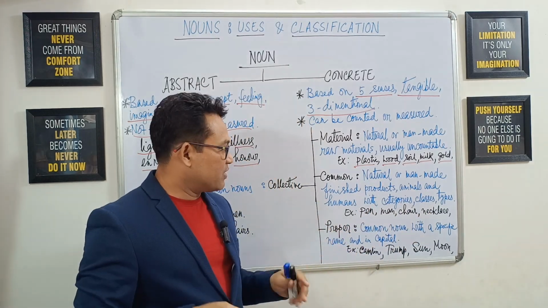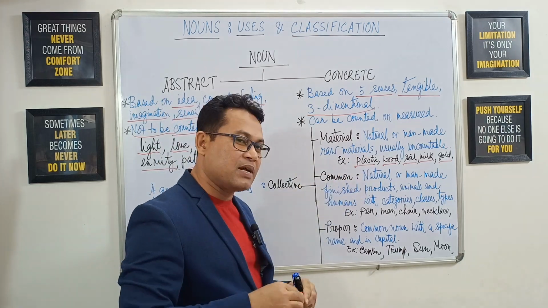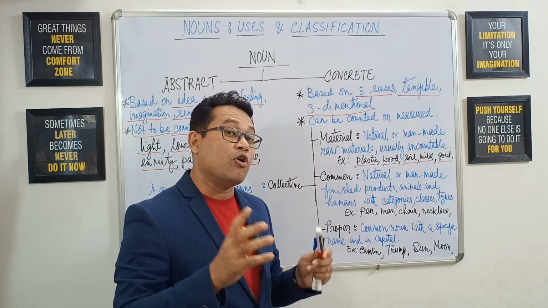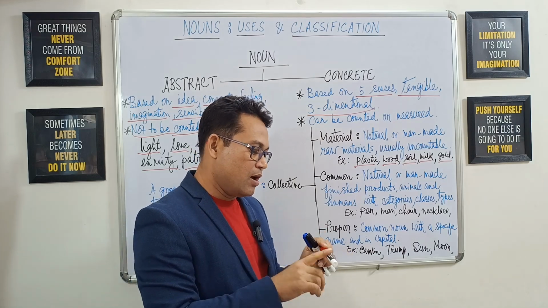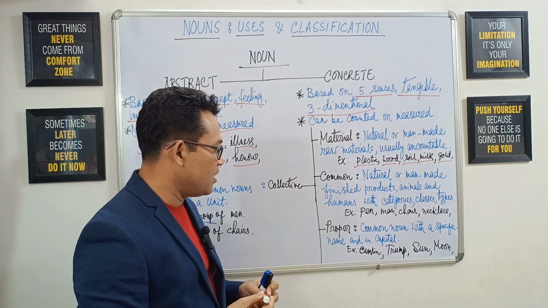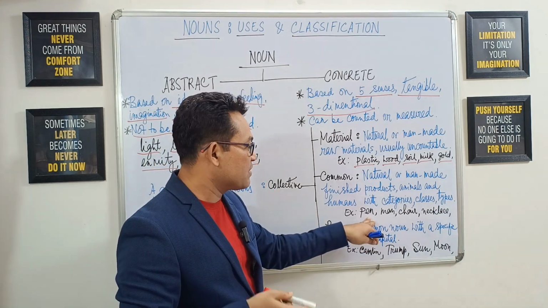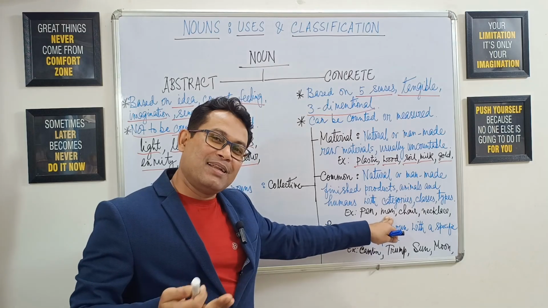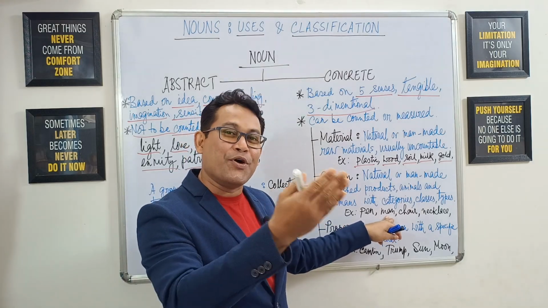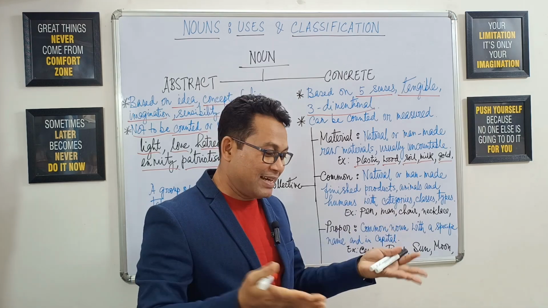I gave the example of plastic as a material. This time the company used plastic to manufacture this plastic pen, so this pen is an example of a common noun. Then man: we can say man is the creation of God or nature, out of clay.